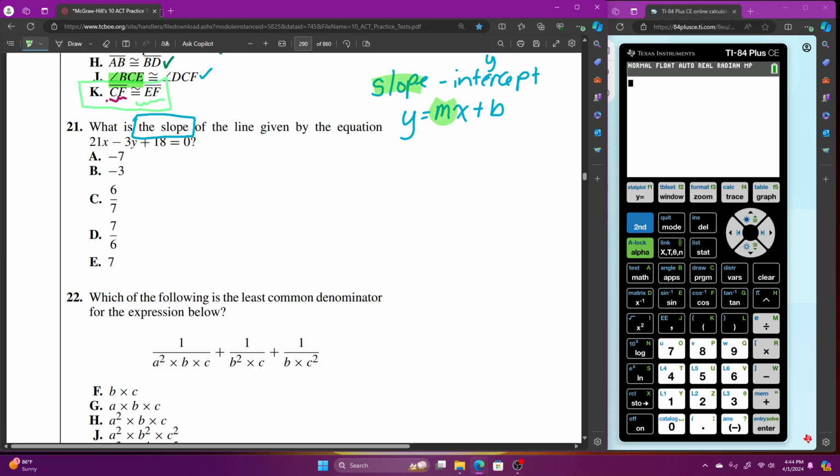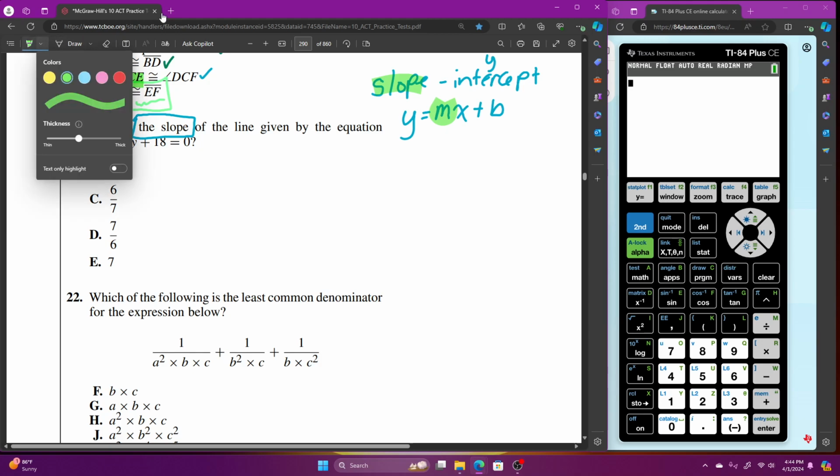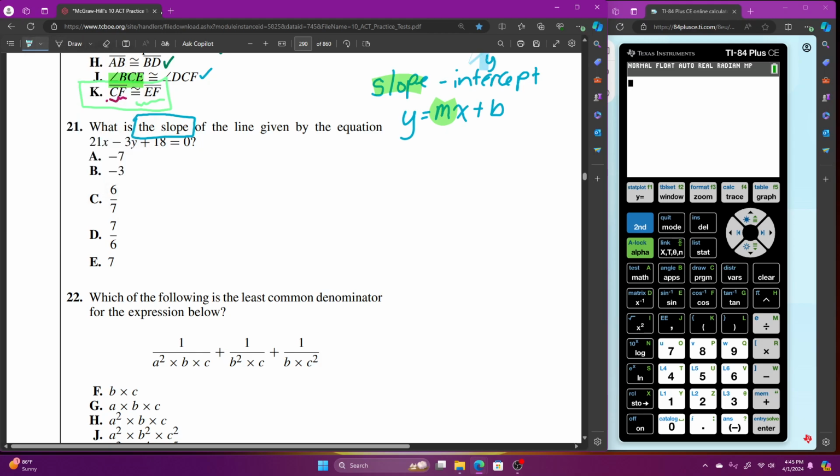It's your M, and your y-intercept is your B.